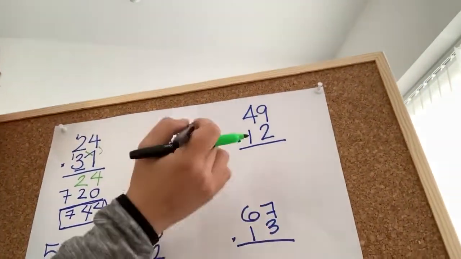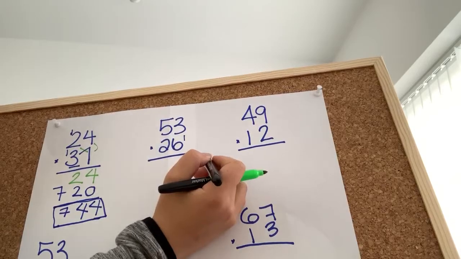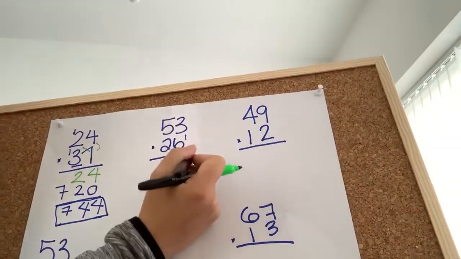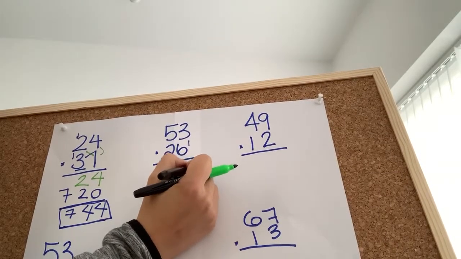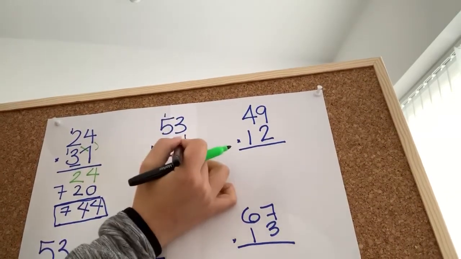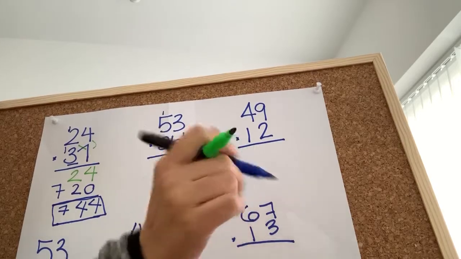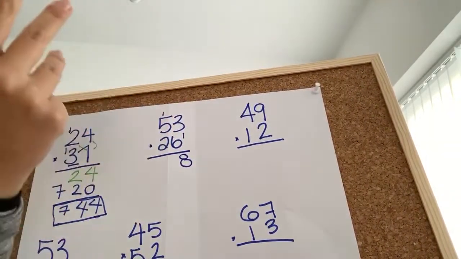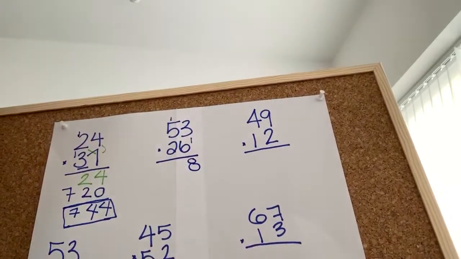Okay, go a little bit quicker. 6 times 3, 6, 12, 18. 6 times 5, 5, 10, 15, 20, 25, 30.